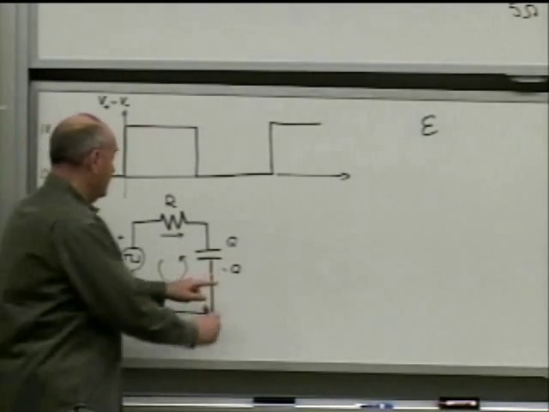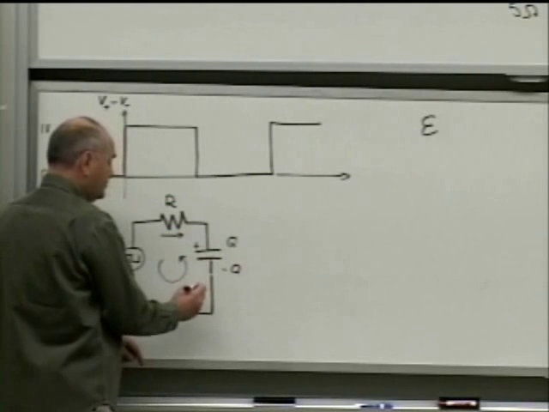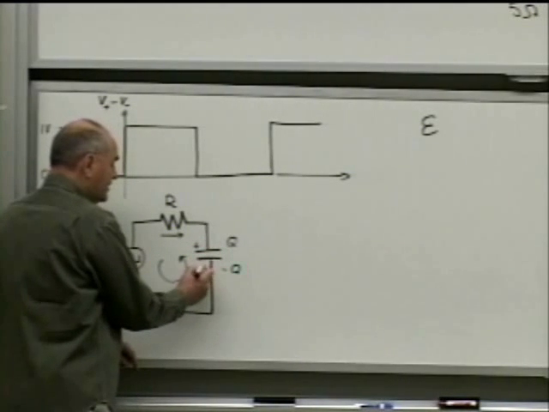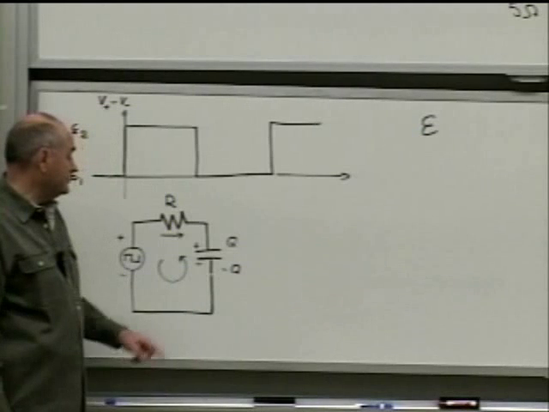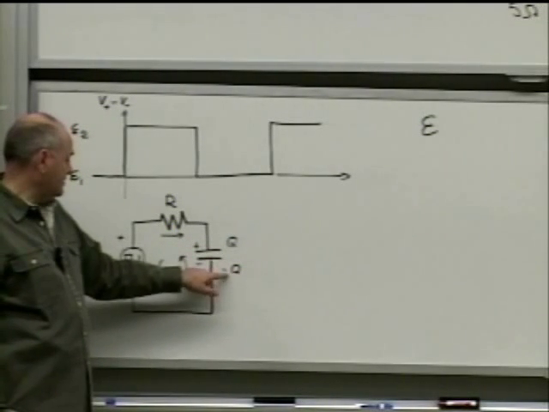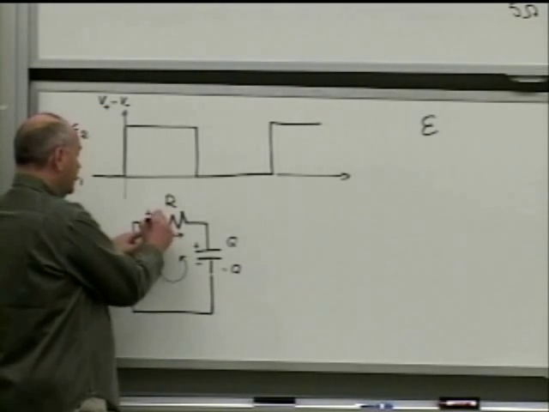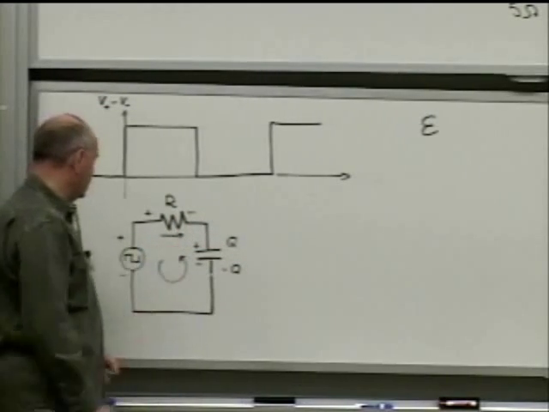Now if I have Q and minus Q, it means that I should take this side with plus and this side with minus. From the potential of the top plate, I have to subtract the potential of the bottom plate. Now over here, tail corresponds to plus, head corresponds to minus.